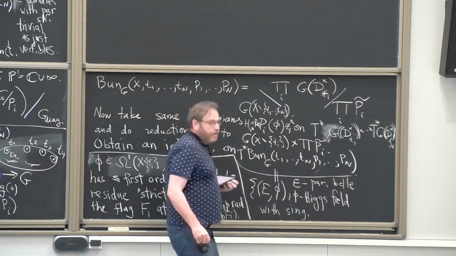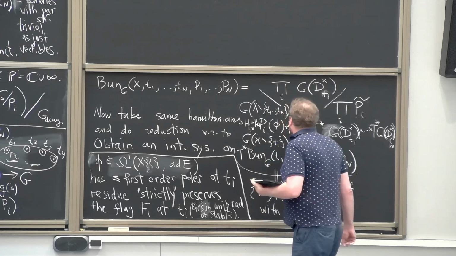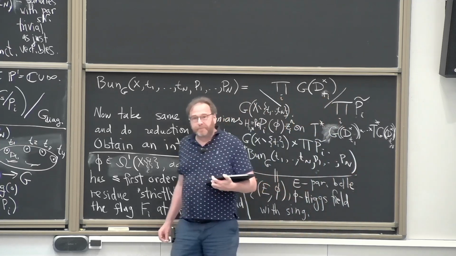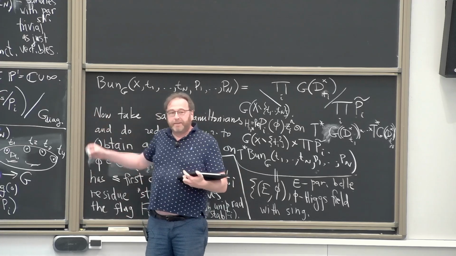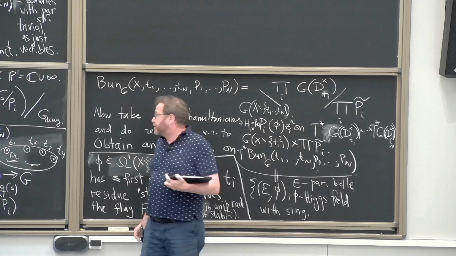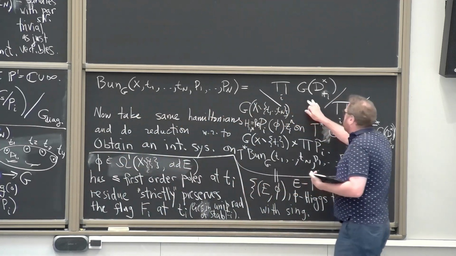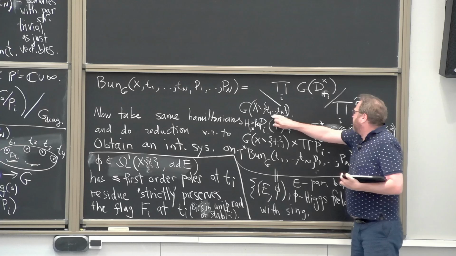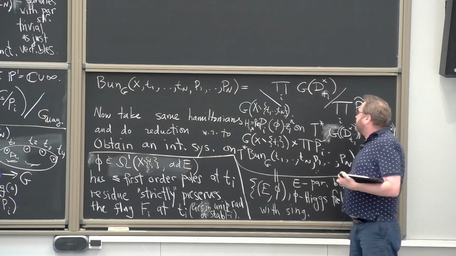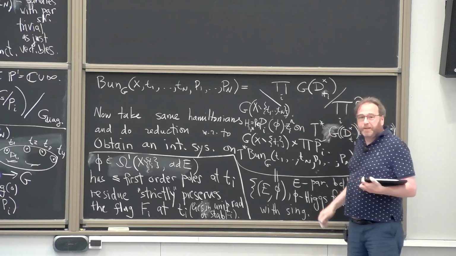Which group? Yeah, it acts freely on some open set. So like I said, there will be lots of generic bundles with trivial group of automorphisms. So if you represent something as a double quotient, this product of these groups acts on this group, and the stabilizer is basically the intersection of this with the conjugation of this.